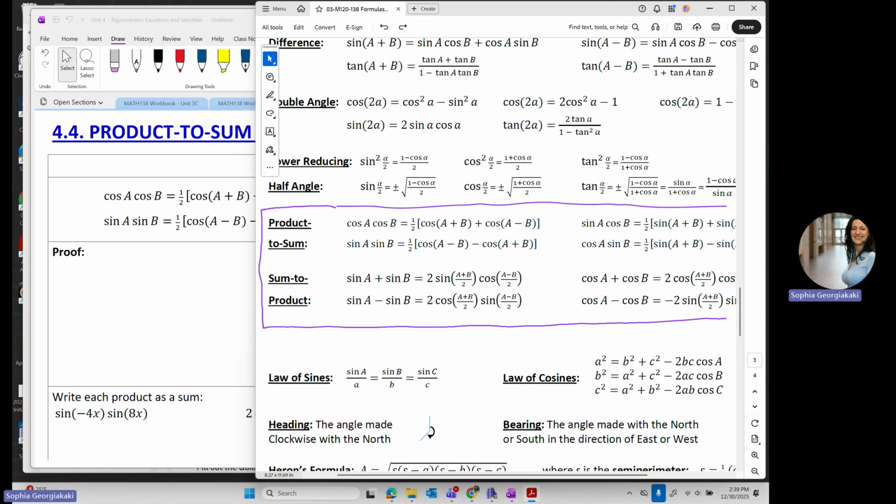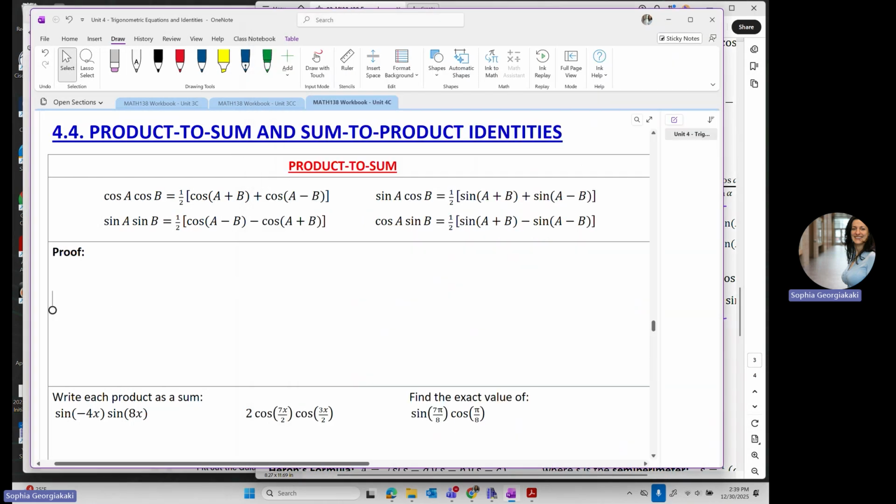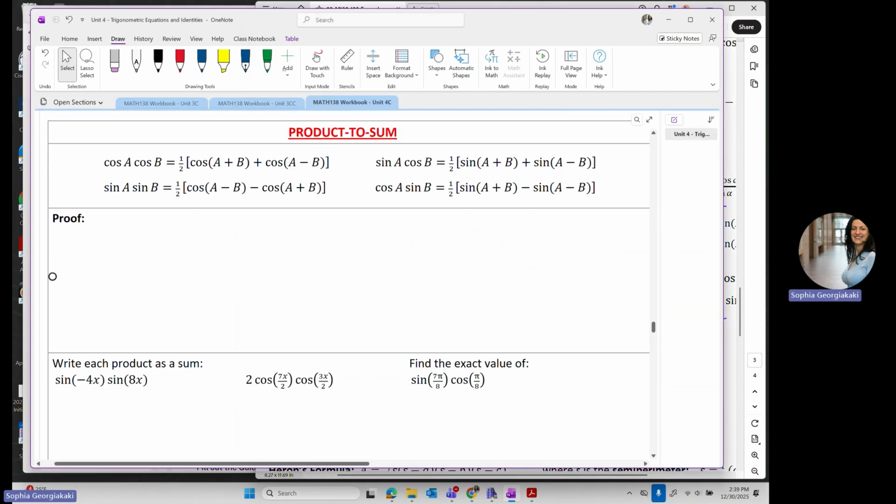In fractions, we want to factor to simplify, so we like to convert sums in the numerator and the denominator to products so that we can simplify. So the two kinds of formulas have their own applications, and you can see it in various types of problems. How do we derive those?